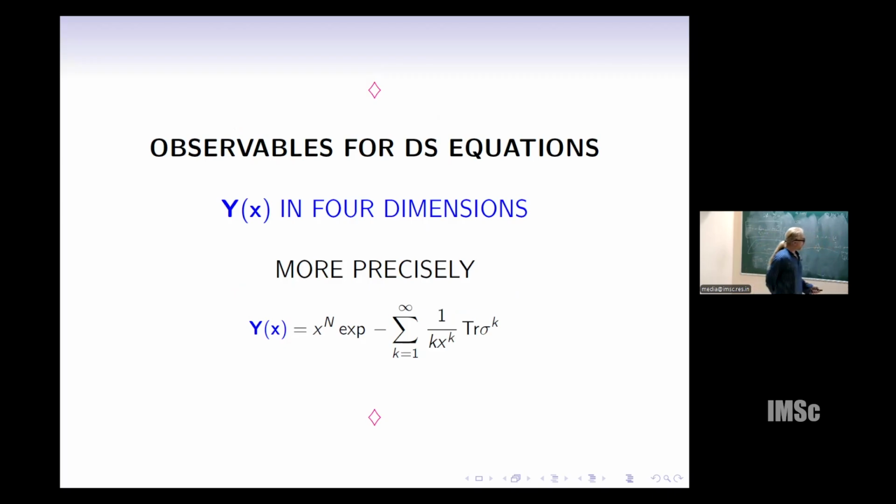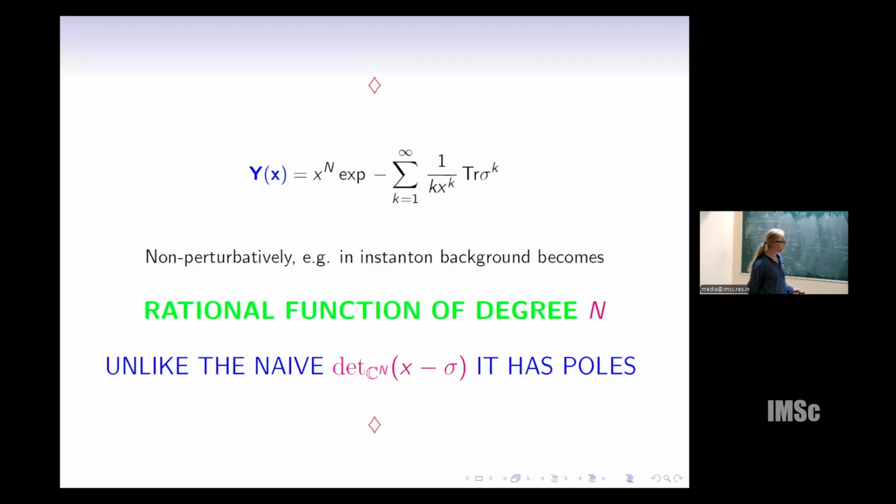If sigma were just an n by n matrix, you could have summed up the series easily, and the result would have been a polynomial in X. But it turns out that in the background of instantons, the products of single traces, these Casimirs, don't behave in the same way as they do for classical matrices. The product becomes a so-called quantum product. There are corrections, and as a result of these corrections, in the background of instanton, this observable has poles in this variable X.